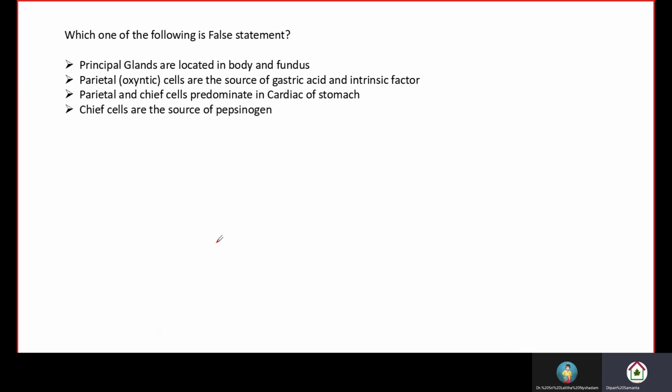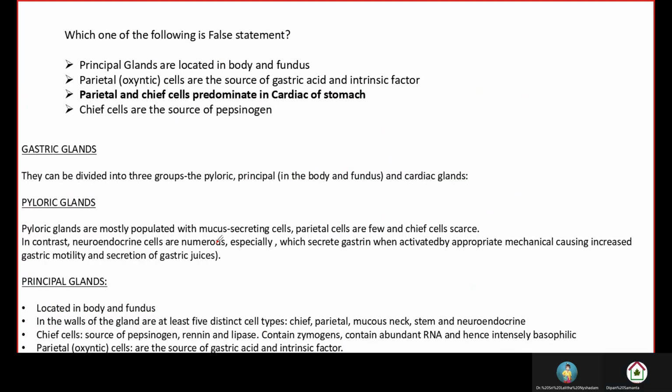Parietal and chief cells predominate in the cardiac site of the stomach. Chief cells are the source of pepsinogen. So which one of the following is false? False is parietal and chief cells. Parietal cells and chief cells predominate in the cardia of the stomach.